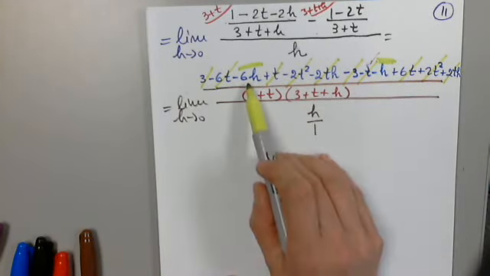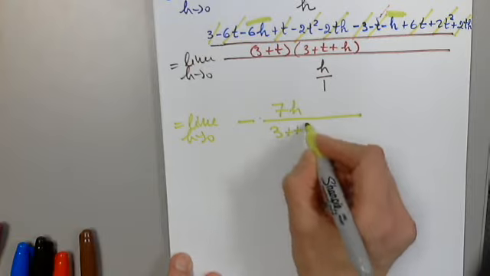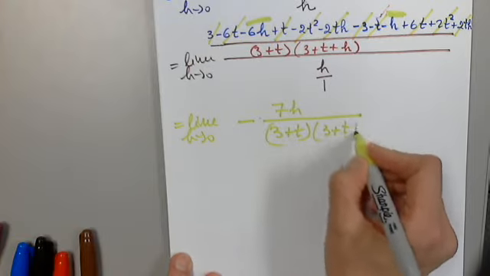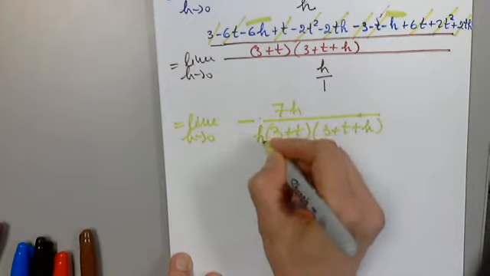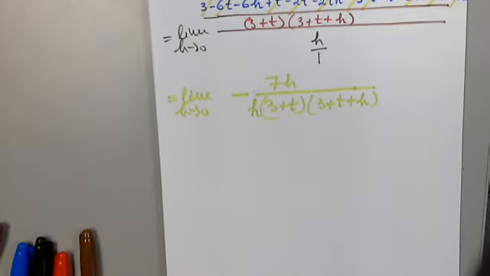So I have a negative 6h with a negative h. So I have limit as h approaches 0, negative 7h over 3 plus t, 3 plus t plus h, and I flip, 1 over h, and I put it in front. As planned, all terms without h went away, and now when I divided the top by h, I flipped it into 1 over h.